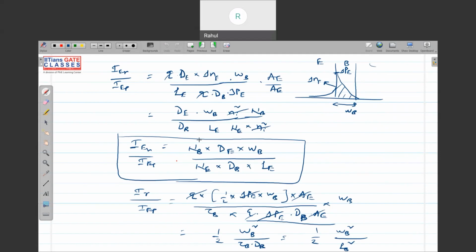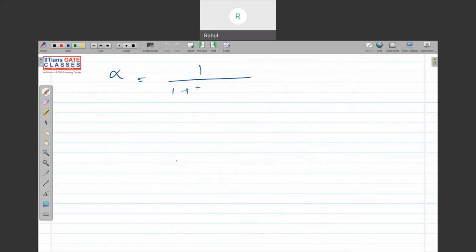IEN by IEP is this one, equal to NB into DE into WB divided by NE into DB into LE, into 1 minus IR by IEP, 1 minus WB square by 2 LB square. Okay? This is alpha.